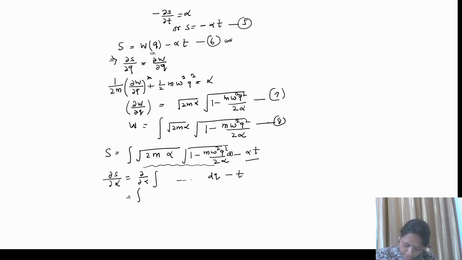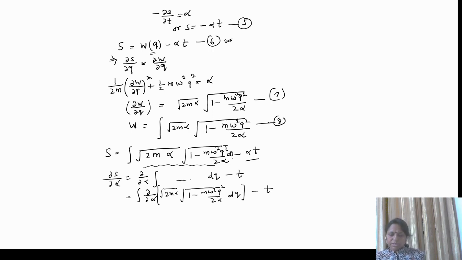You can enter this derivative inside the integral: the integral of root 2m alpha times root of 1 minus m omega squared q squared upon 2 alpha, dq, and then minus t.